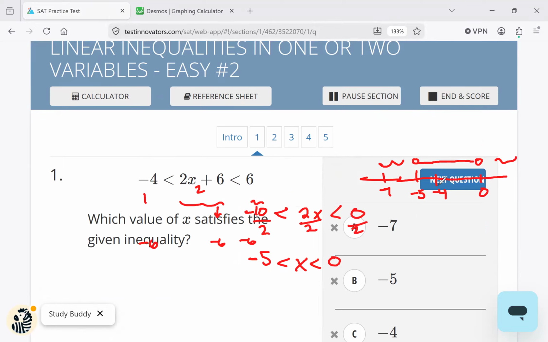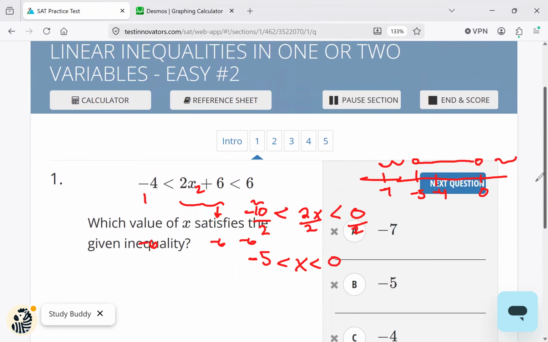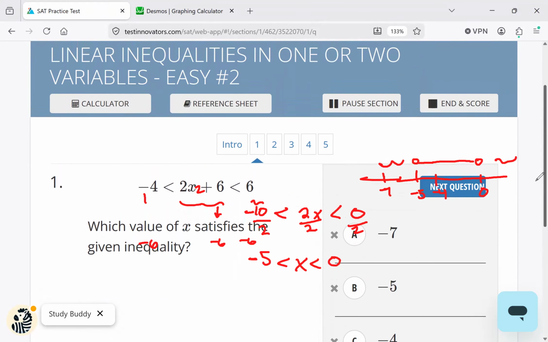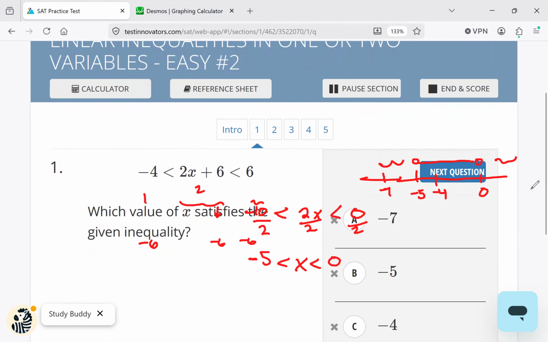That is in our boundaries. So yes, definitely. What about zero? No, we cannot include zero because it does not have that equal sign. If it did, then yes, we could.